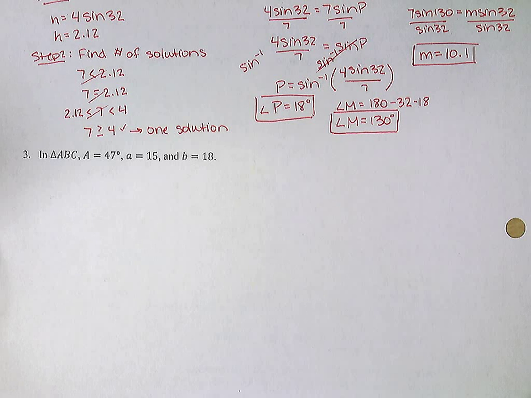Set this problem up. Find h and find how many solutions there are using that chart from the front of your note sheet. Find the height. Use your formula to find height. And on the front too.